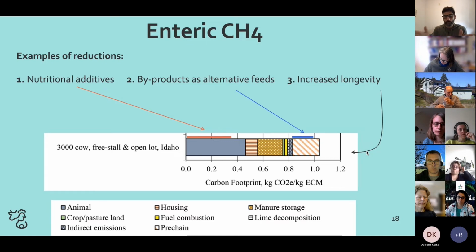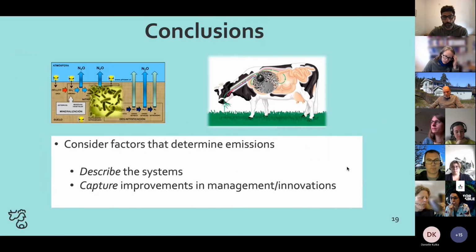Because during the first 2 years of life the animal is eating and growing, but it's not producing milk, but it's emitting greenhouse gases. So if we increase the longevity, then we will cut substantially all of these different sources of emission, because we are producing more milk with the same animal. So these are just 3 examples of how we could reduce, in this case, enteric methane, to illustrate the importance of knowing the emission factors as we've seen previously.